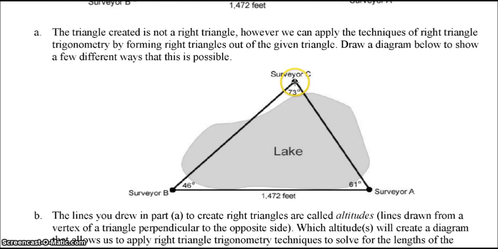Okay, to make a right triangle, we could start at this vertex and come down so that we form 2 right triangles here. We could start with this vertex and come to the opposite side. Make sure we get 90 degrees.